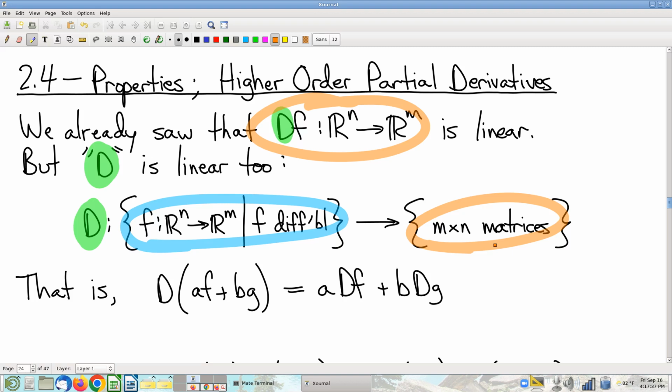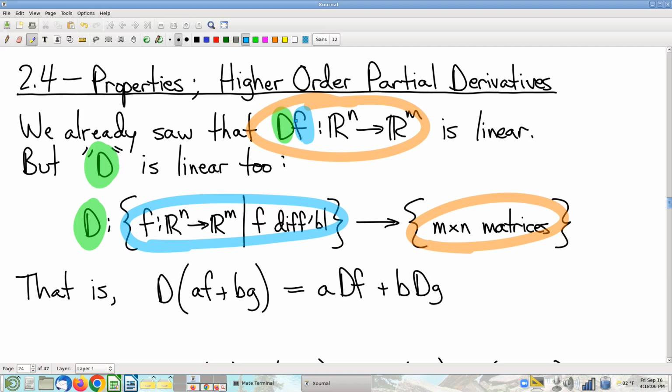So D, aka the act of differentiation, sometimes we call this the differentiation operator or the derivative operator, is a weird kind of function that takes inputs from this vector space and returns elements of this vector space.